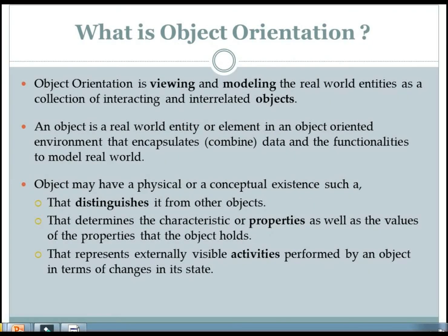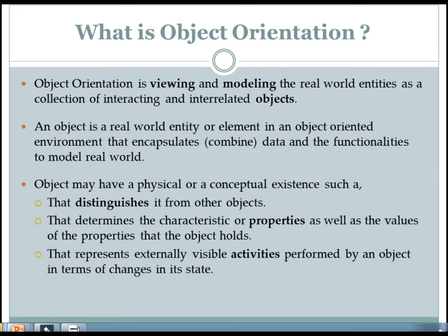Object orientation is nothing but viewing and modeling real world entities as a collection of interacting and interrelated objects. As we all know, everyone has their own view to look at some real model, and according to that view, that model changes. That is what the statement is all about.